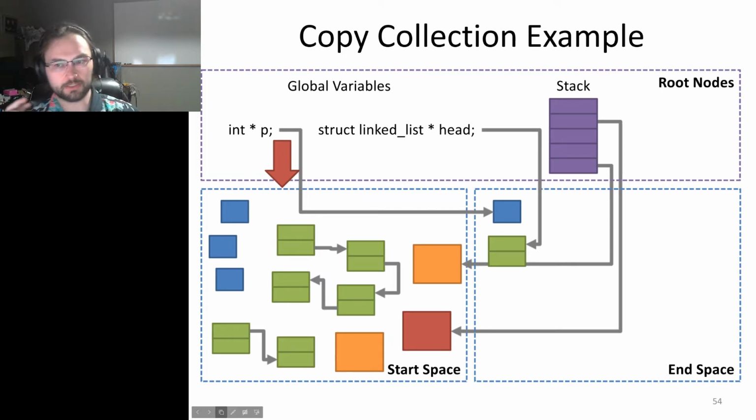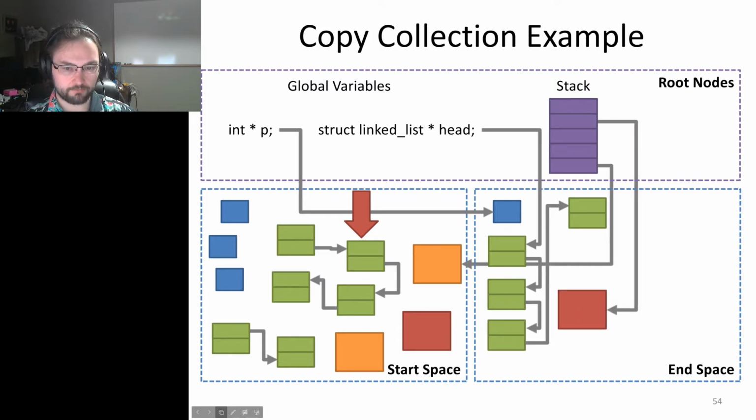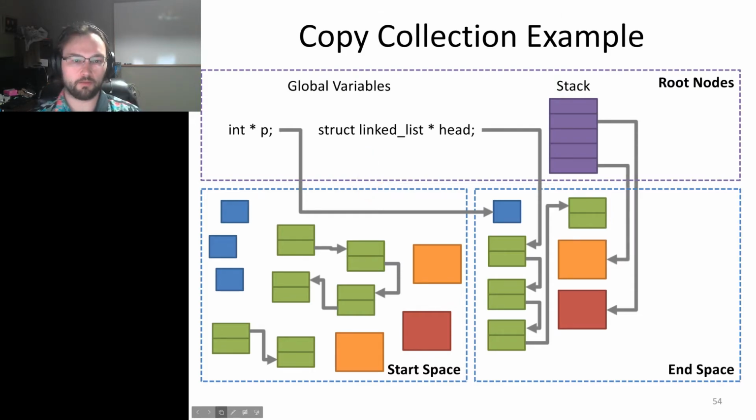Doing this in the presence of multiple threads gets a little bit tricky, but there are solutions to the problem. Now, we're going to go ahead and copy the whole list, and eventually we end up with all of the alive objects referenceable from the roots over here in the end space.